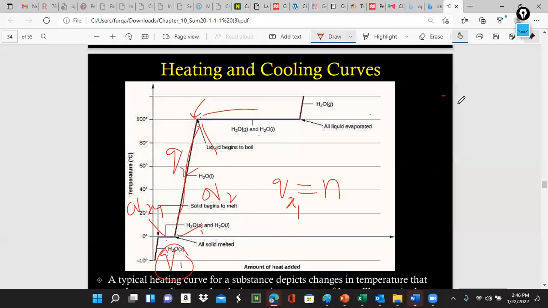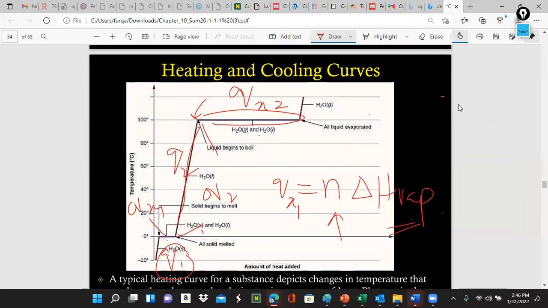And for this portion, again, we can calculate the QX2 by using the delta H of vaporization, because it's vaporization happening, not fusion, at this time. And that will be available through the literature, and the number of moles of substance that you started with, you can calculate for yourself.